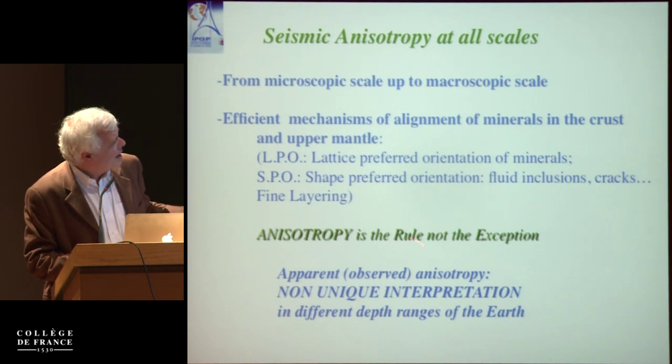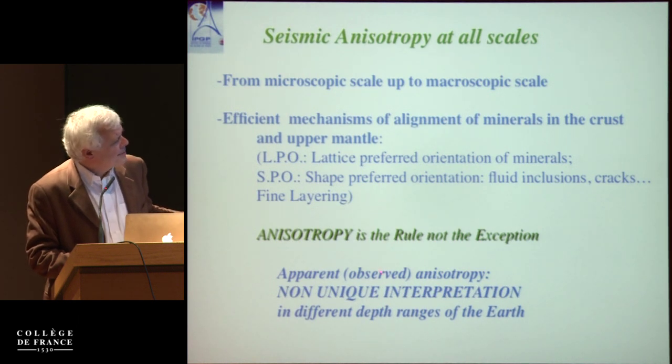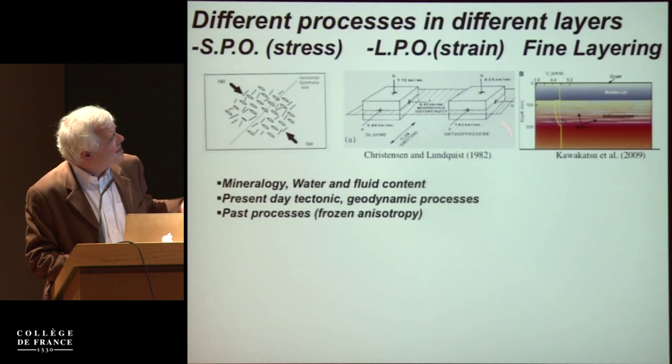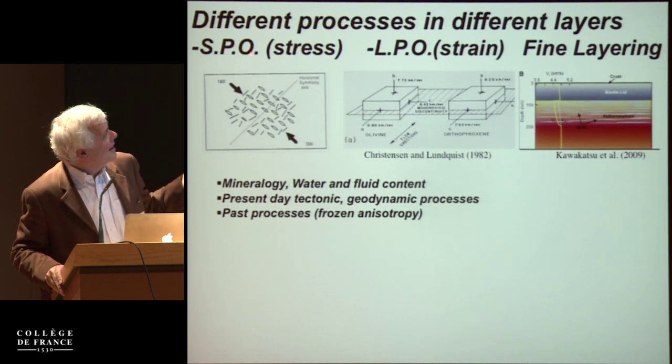So we are faced with the problem that we have some observed anisotropy, but a non-unique interpretation. That's the main difficulty when observing seismic anisotropy: the interpretation is not unique, and probably we have different processes in different layers. I detail here the different processes. For example, with shape preferred orientation, we have a distribution of cracks.